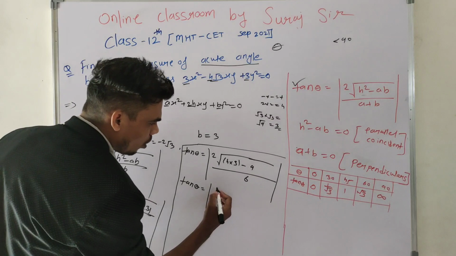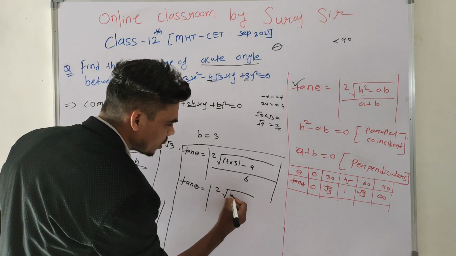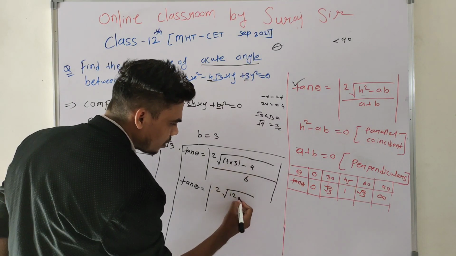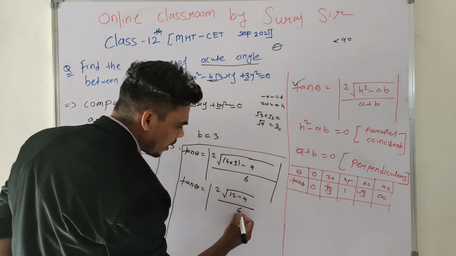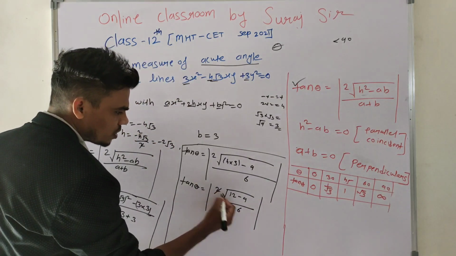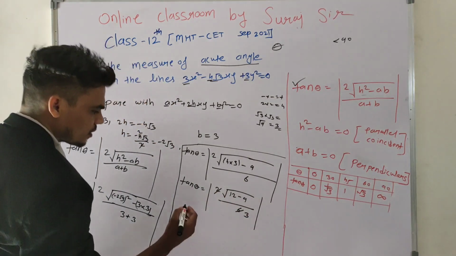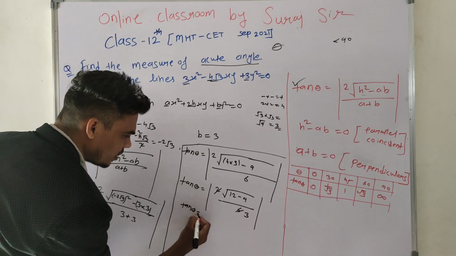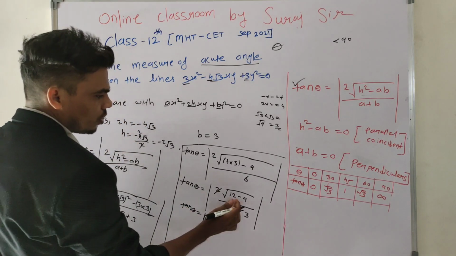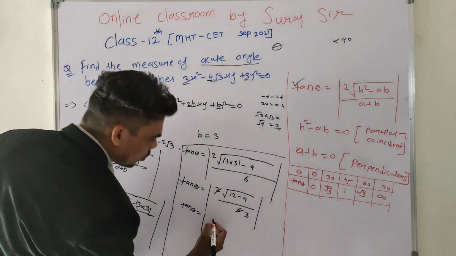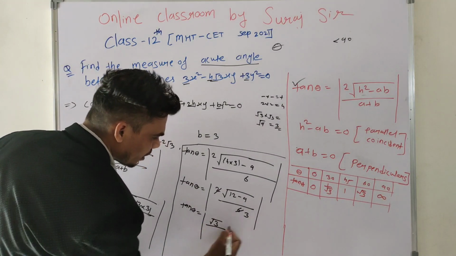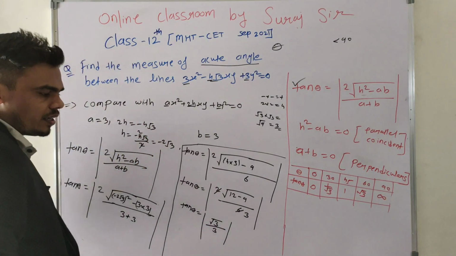Then tan theta is equal to mod of 2 root of 4 threes are 12 minus 9, divided by 6. Tan theta is equal to mod of 12 minus 9 root of 3 divided by 3. Clear? Any doubt?